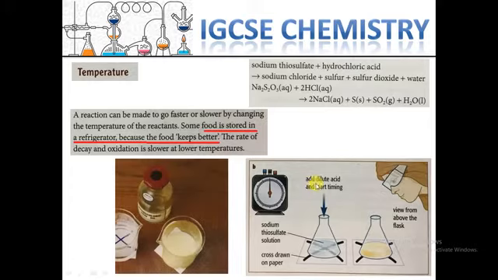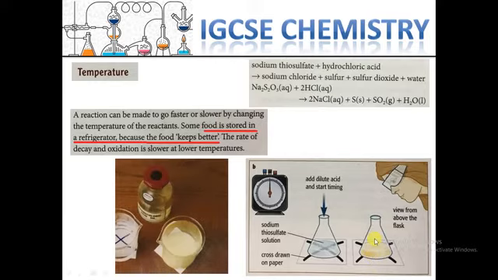We also need dilute acid, and we need two samples. One sample is at normal temperature, and another at higher temperature. We need to give heat, okay.